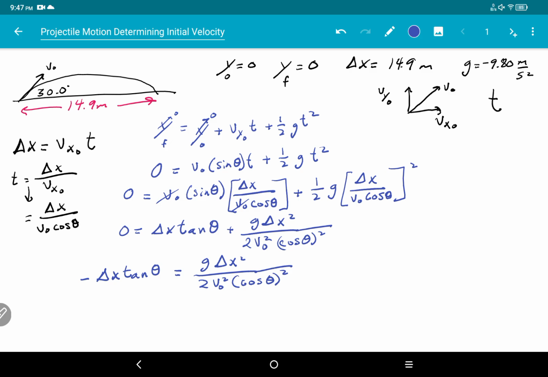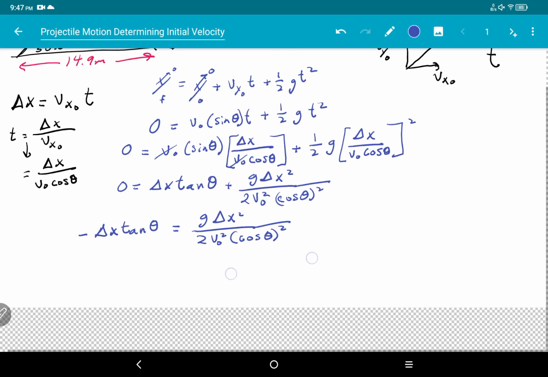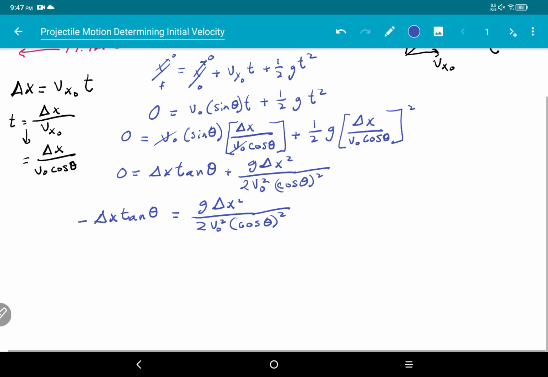I'm going to bring this up so I have some room. So V naught squared is going to be equal to g times delta x squared times 2. I'm going to put the negative out there in front of the 2.